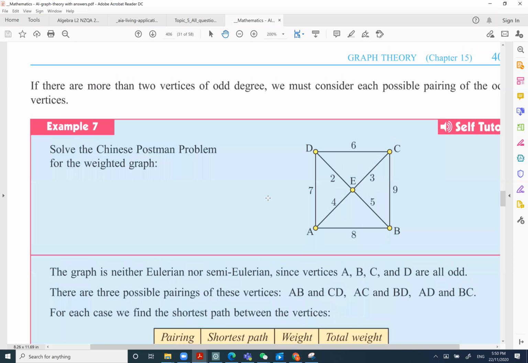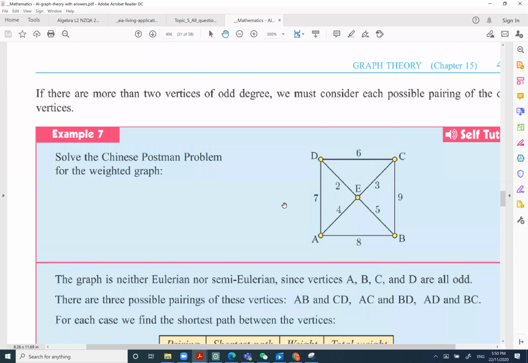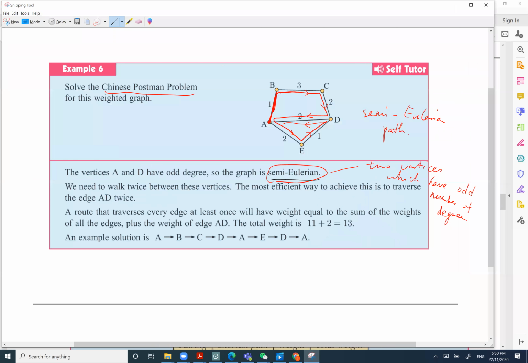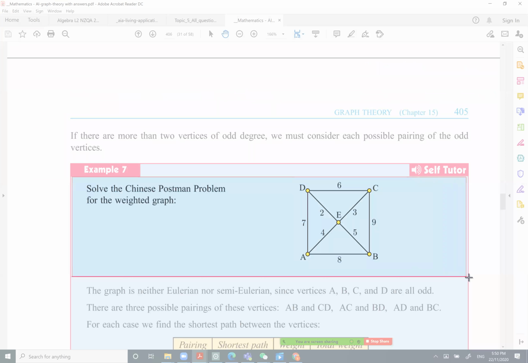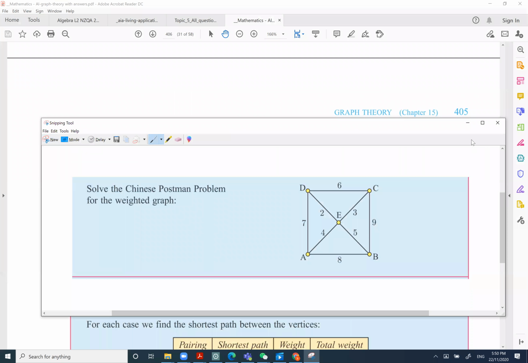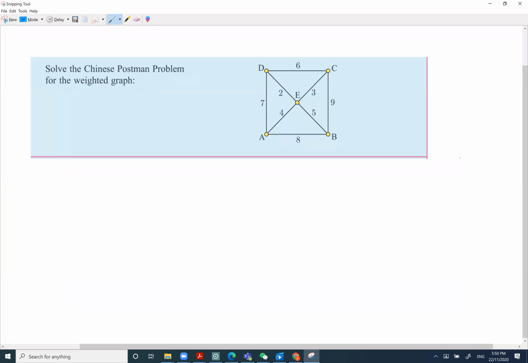For this type of question, again, for this one, how you travel. So you can pass all the edges and come back to the starting point. Add the numbers together and give a minimum value, as small as possible.